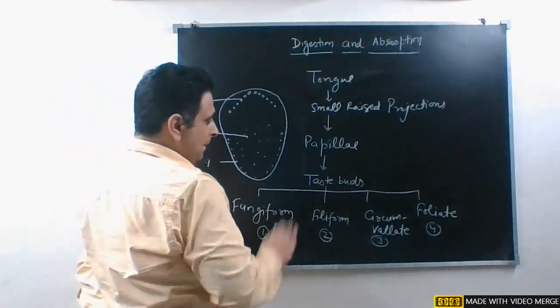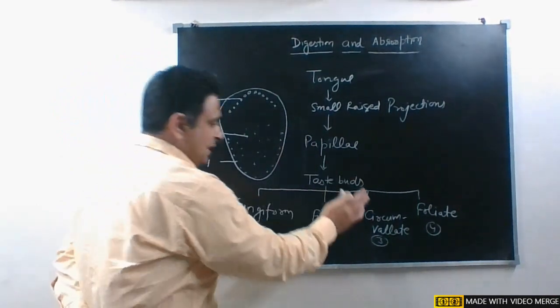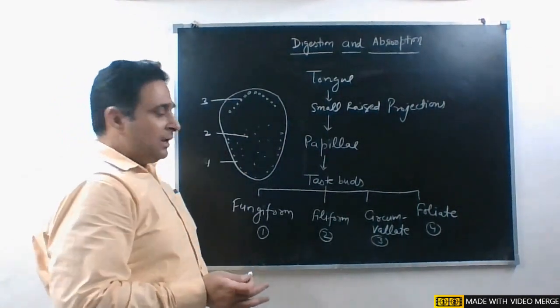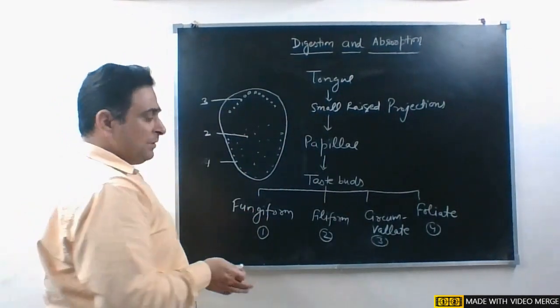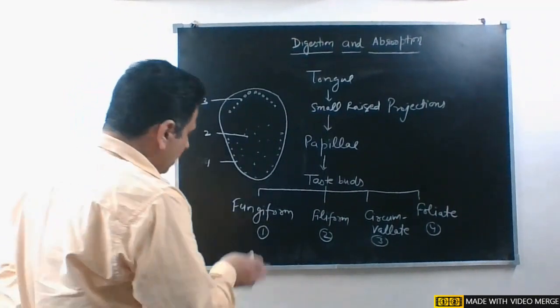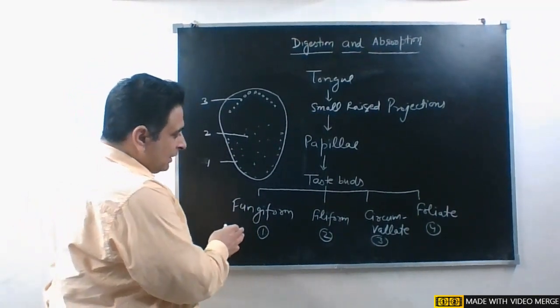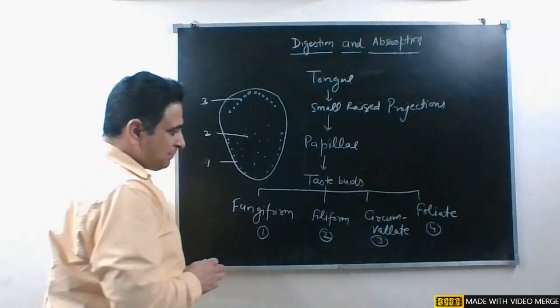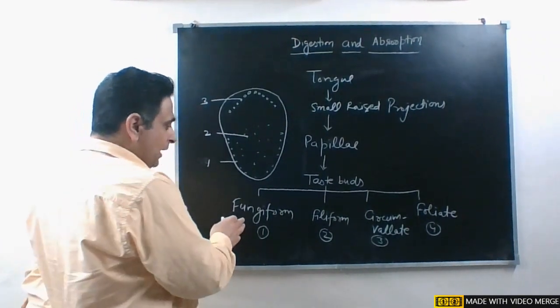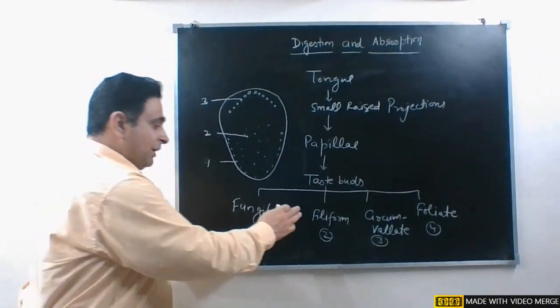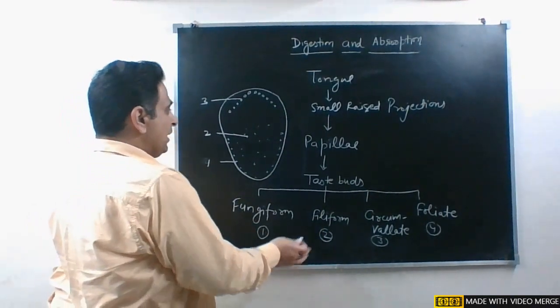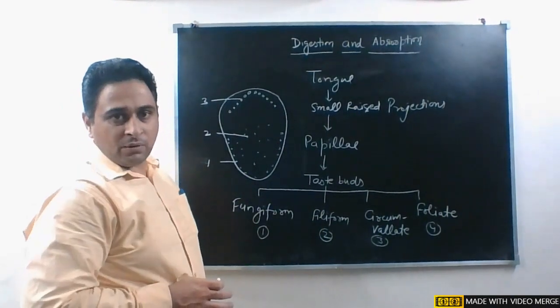Among these three types of papillae, students, the circumvallate papillae are the largest and fewest in number. Fungiform papillae are of intermediate size and quite large in number, and filiform papillae are the smallest and most numerous.